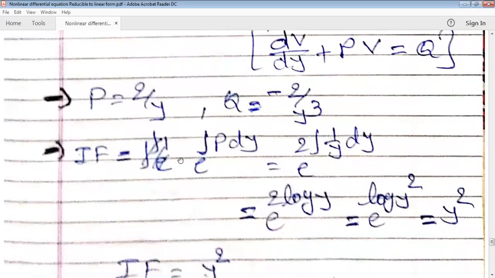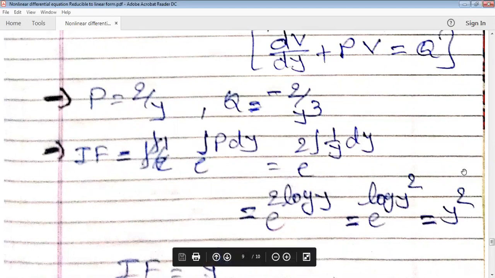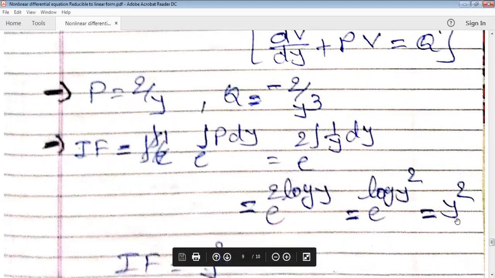Now integrating factor is e raised to integral of p dy. Students, here we have to change x to y because our independent variable is y here. So by simplifying, we get our integrating factor is y square.